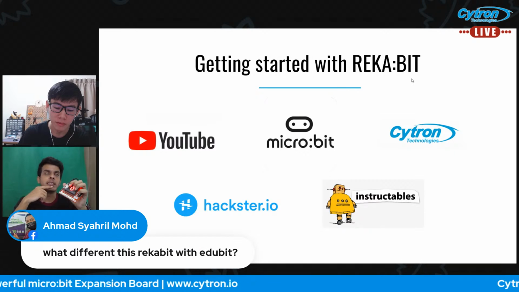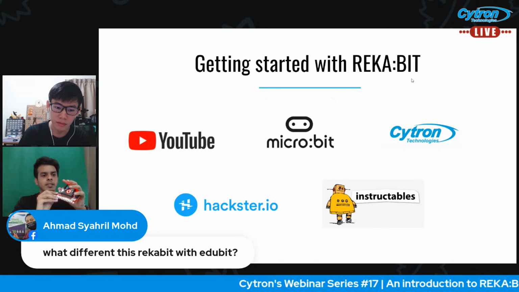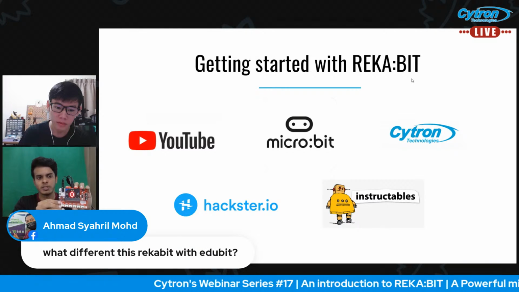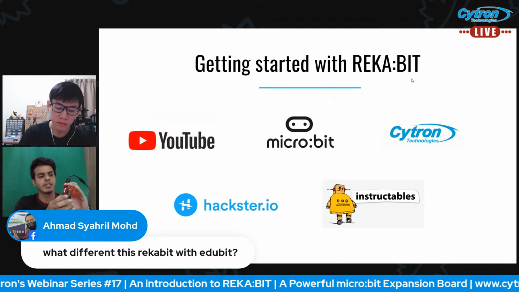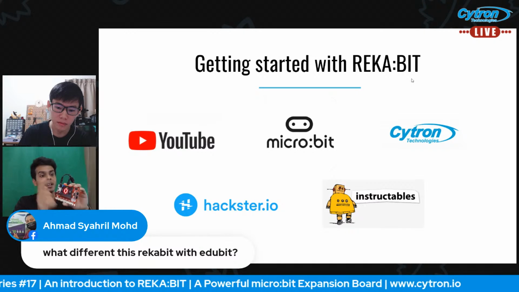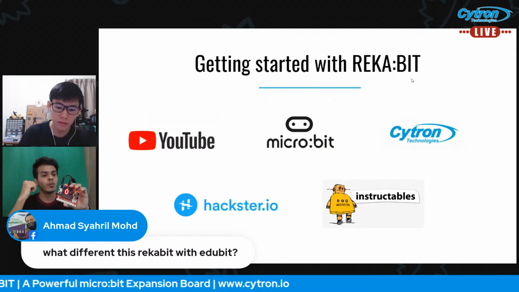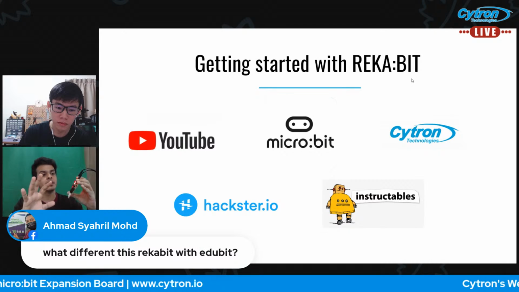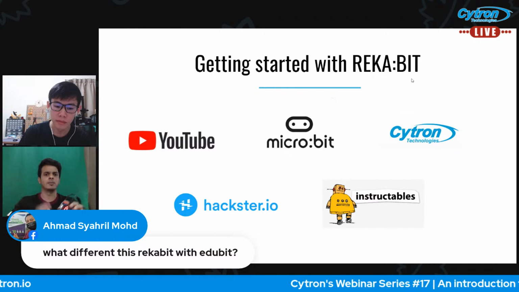EduBit comes with the potentiometer, IR sensors, and buttons. Here the REKA bit is much smaller, comes in one piece, compact already. REKA bit has 4 servo ports, whereas EduBit has 3 servo ports. Yeah, this is what's in my mind at the moment.